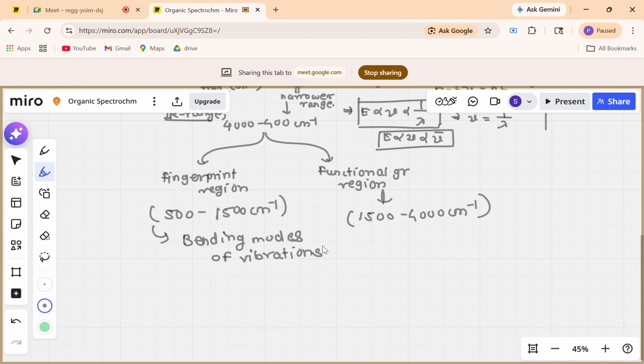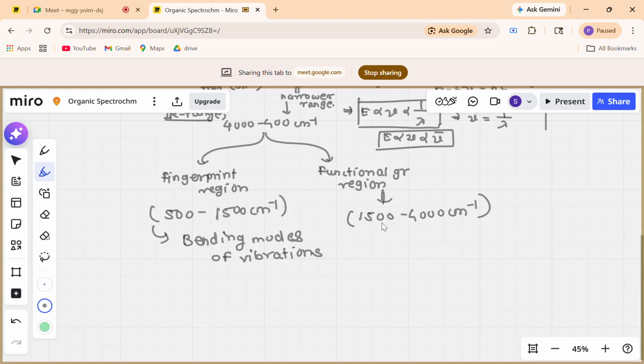We study those changes, and the corresponding spectra we detect from the detector. So the region of 500 to 1500 centimeter inverse is related to the bending modes of vibration. We will study the different modes of vibration later, but for right now remember that this region corresponds to the bending mode.